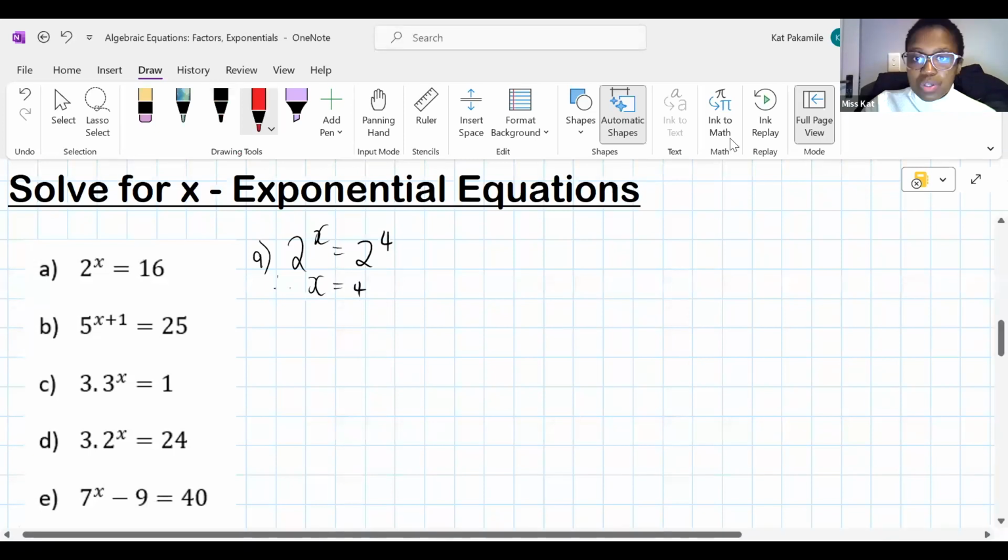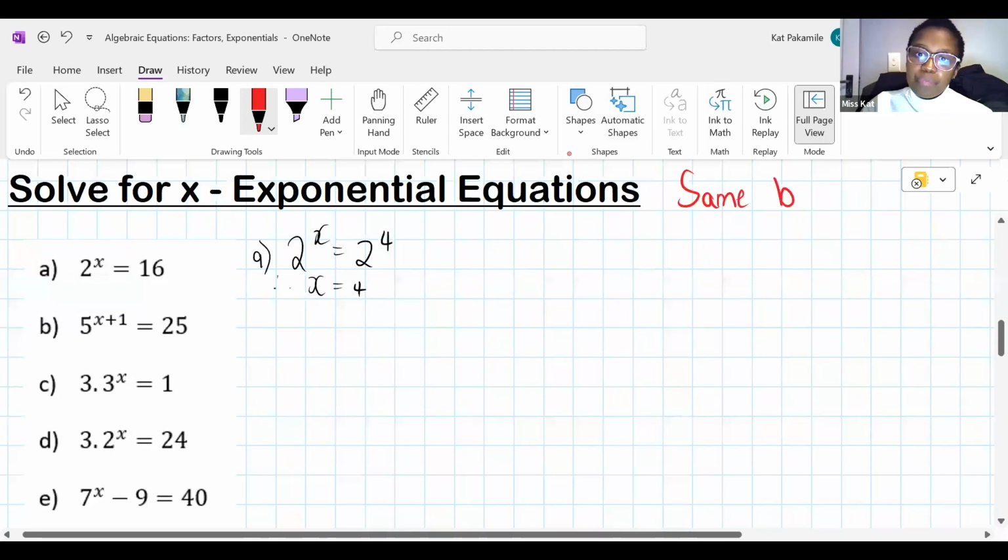So Palisa said step 1 is same bases. I don't know why this thing is doing the predicting stuff. It's busy drawing circles when I'm trying to write same. There we go. Step 1: want the same base.